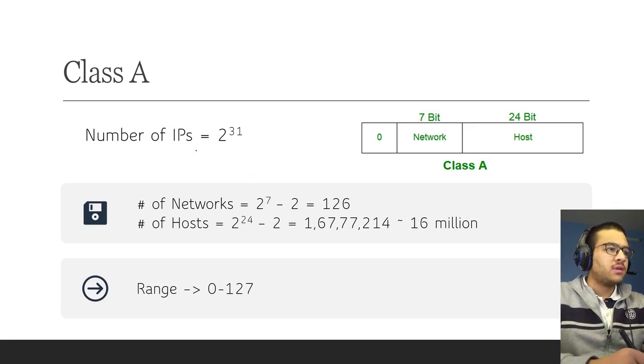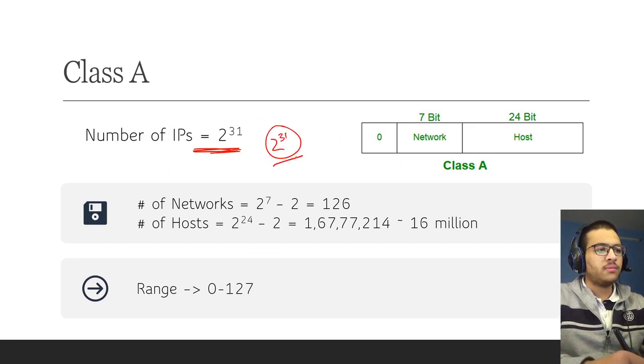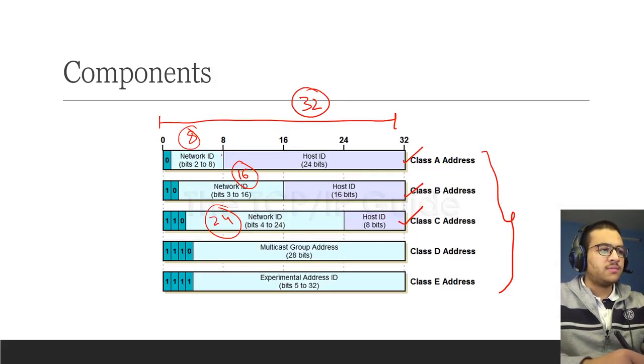You can see that the total number of possible IPs is 2 raised to 31. Like I showed in the previous slide, this was the basic structure.